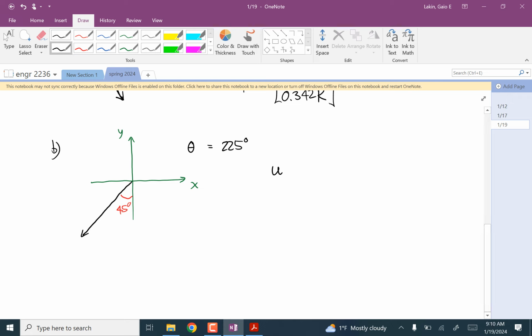The unit vector in that direction, I'll call it u hat, the hat means unit vector, is going to be cosine and sine at 225 degrees, that's going to be negative 0.7071, negative 0.7071.